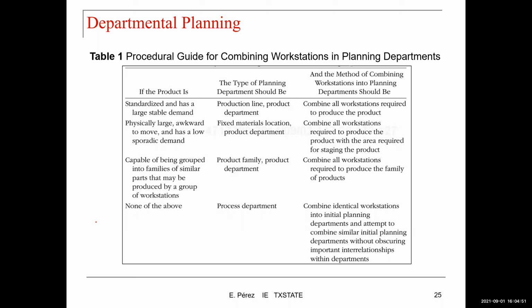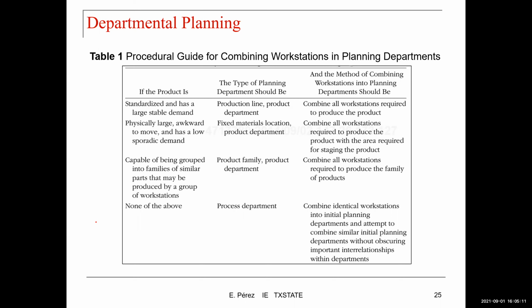If the product is significantly large, hard to move, and has a low sporadic demand, then as I mentioned, fixed material location, product department: you combine all workstations required to produce the product with the area required for staging the product.